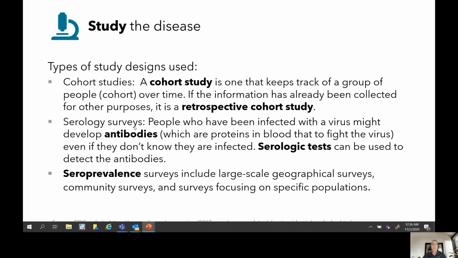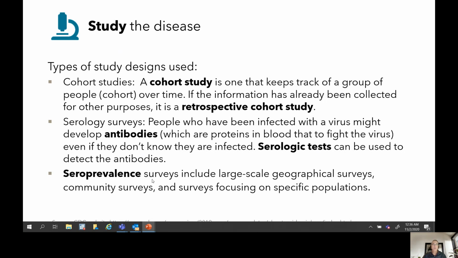There are also serology surveys that can be done where you look at people who've been infected with the virus and when they develop antibodies, and you can do serologic tests to detect the antibodies as well. So this is a way of figuring out who may actually be infected even if they don't know they are because they don't have any symptoms, which for COVID is a big deal because there's a lot of asymptomatic transmission.